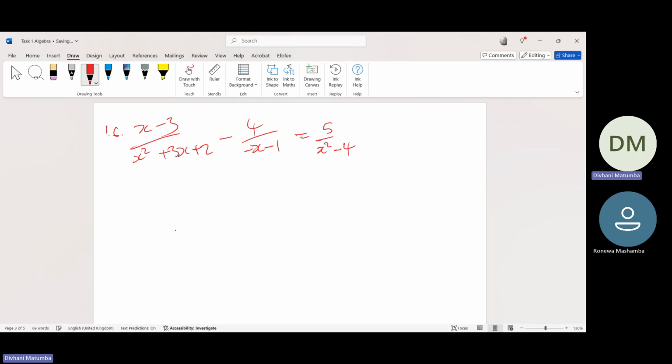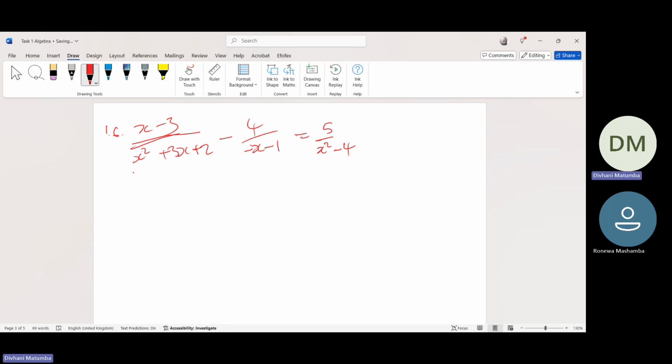Now, the first step in dealing with these kinds of problems, because the question says solve for x, is to ensure that we have broken down all the expressions into factors, meaning we have to factorize everything.